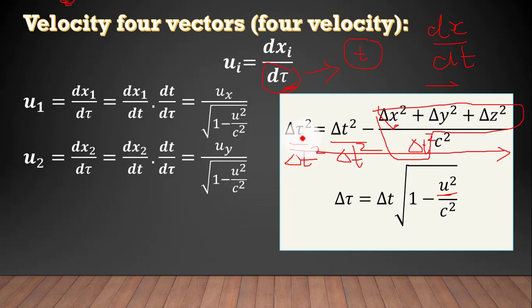And if I take the square root on both sides, delta tau over delta t will be equal to square root of 1 minus u square over c square. So delta tau will be equal to delta t into square root of 1 minus u square over c square. You can convert these deltas into d for a small change.